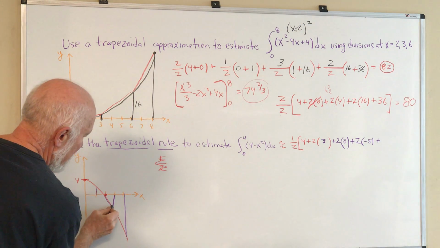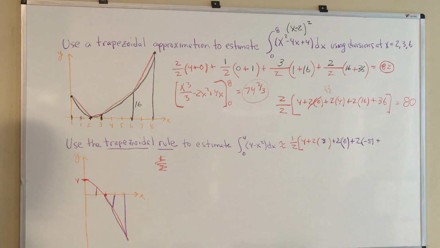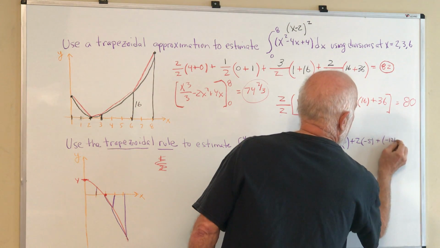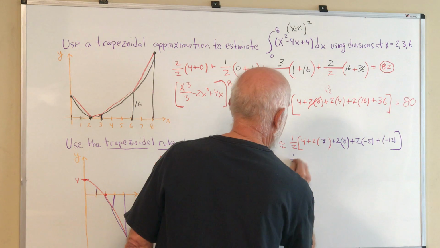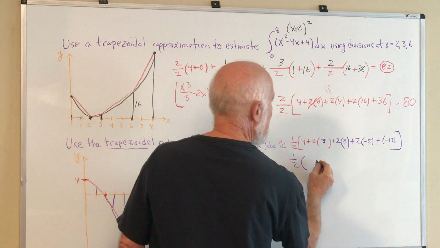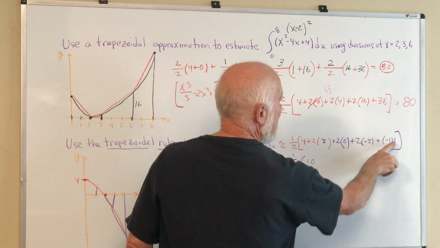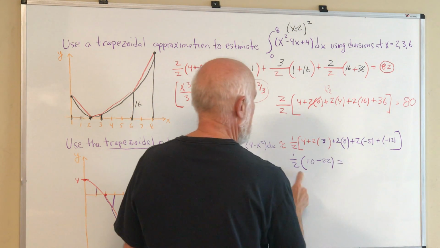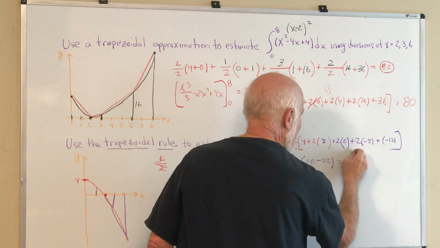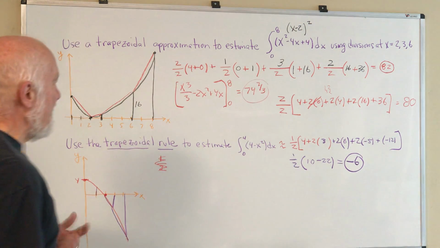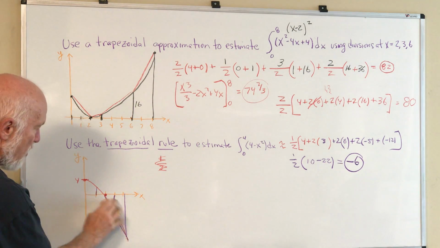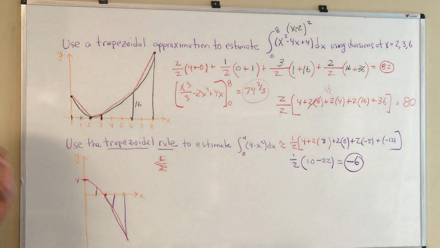So that last trapezoid is going to look sort of like that, and the last side, when you plug in 4, you get negative 12. So you get 1/2 times 10, and then minus 22. So you get negative 6. That's what we're going to estimate that integral or that signed area to be. There just happens to be more below the x-axis than above.